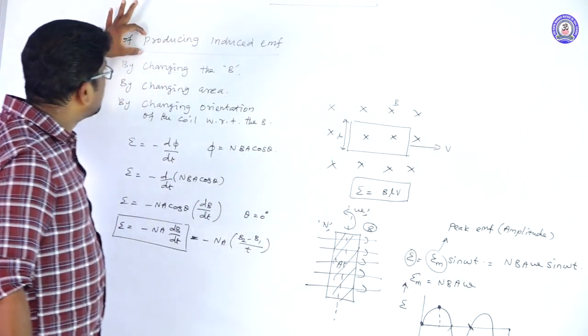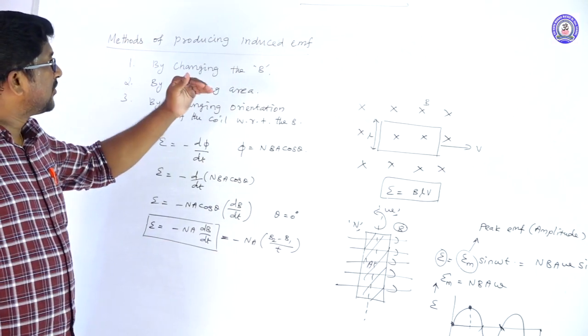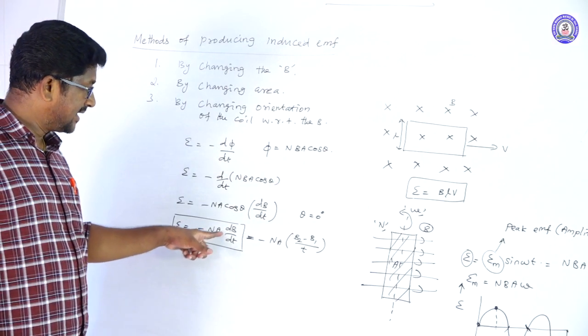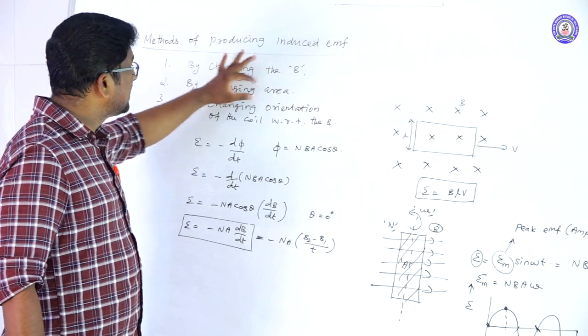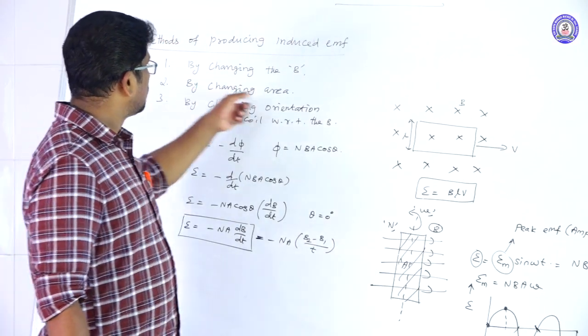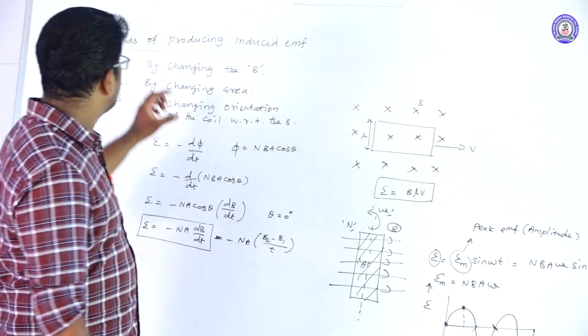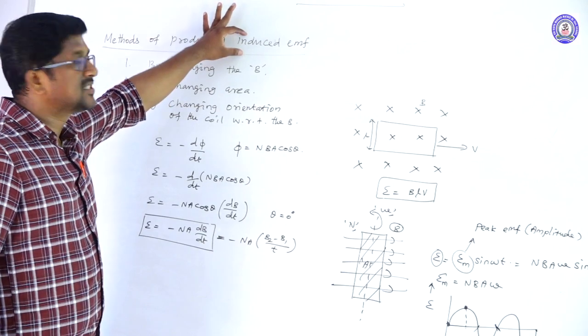So there are three methods of producing induced EMF. First, by changing the magnetic field: the EMF induced is given by the formula E is equal to minus NA into dB divided by dt. Second, the EMF induced by changing the area enclosed by the coil. And third, by changing the orientation of the coil with respect to the magnetic field, EMF is induced.